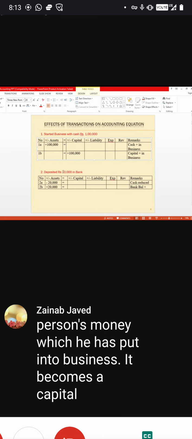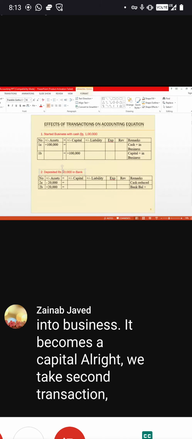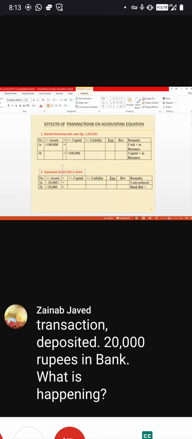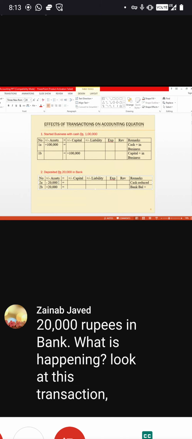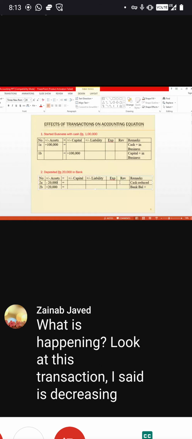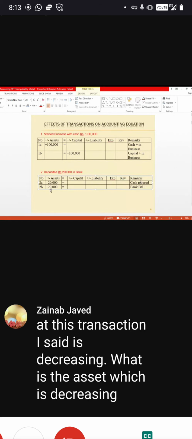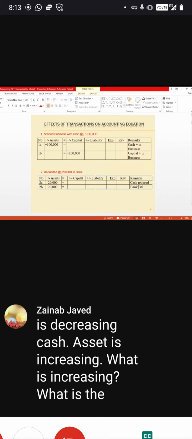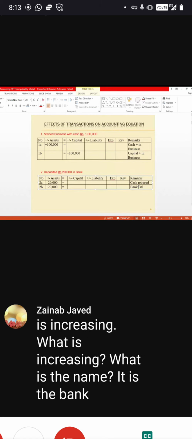All right. We take the second transaction. Deposited 20,000 rupees in bank. What is happening? Look at this transaction. Asset is decreasing. What is the asset which is decreasing? Cash. Asset is increasing. What is increasing? It is the bank balance. We may write the name of a bank here.